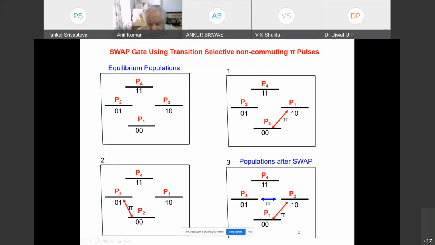See, I end up with this population distribution, which says I have interchanged this population. This is a pi pulse on 01 and 10. This is a swap gate. The truth table for the swap gate is 11 is 11, 00 is 00, 10 is 01, and 01 equals 10. So, swap gate.